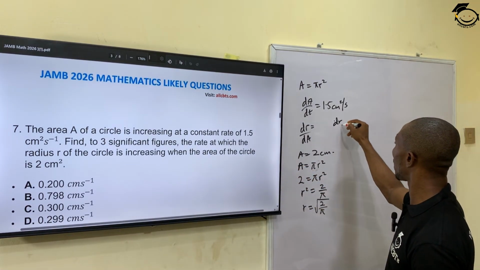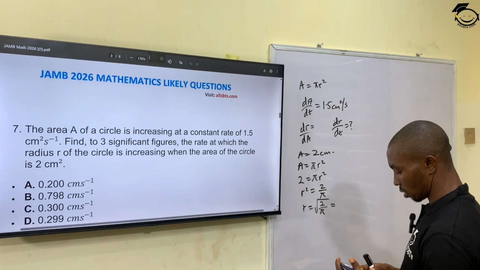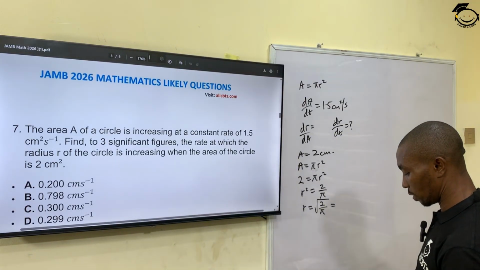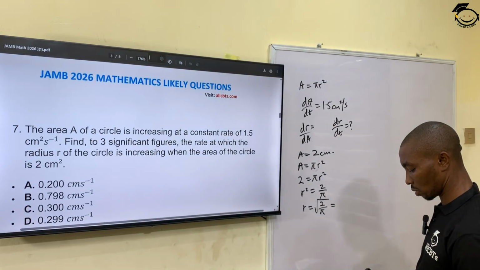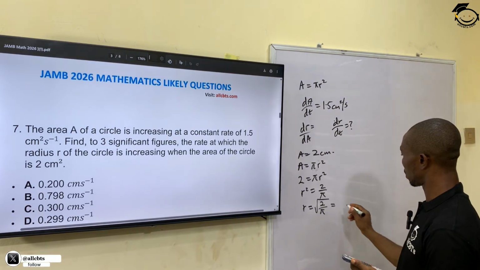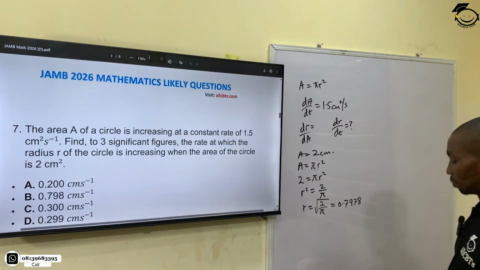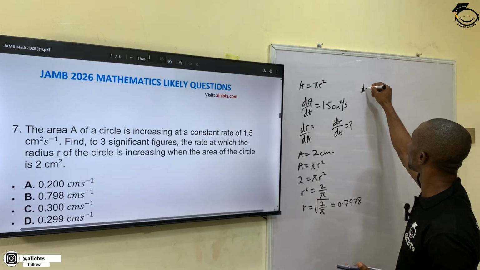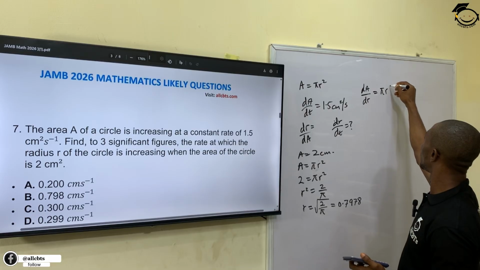So our r here will become root of 2 divided by pi, which will give us 0.7978. Now A equals pi r squared.